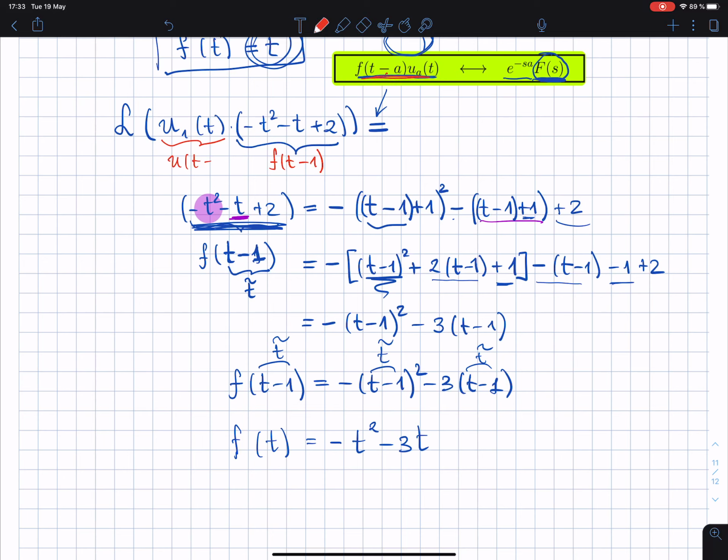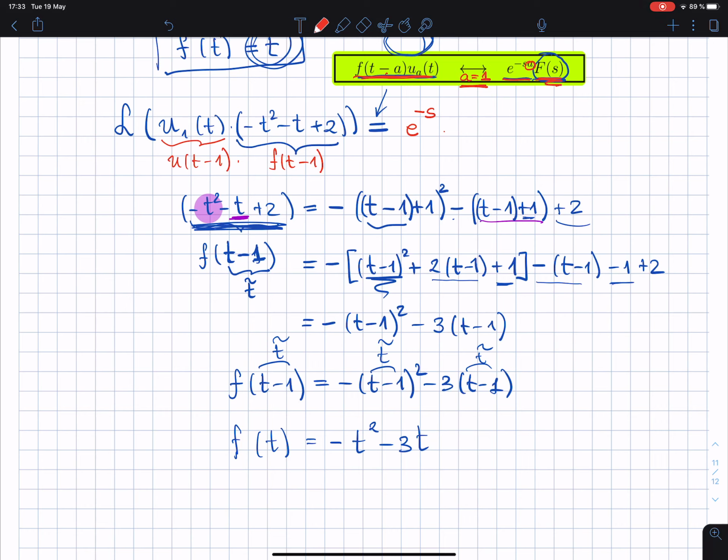This f of t minus a times u_a of t is this function u of t minus 1 times f of t minus 1. So I'm using a equal to 1 for this specific case. And its Laplace transform is going to be the exponential of minus s, because a is equal to 1, times F of s.